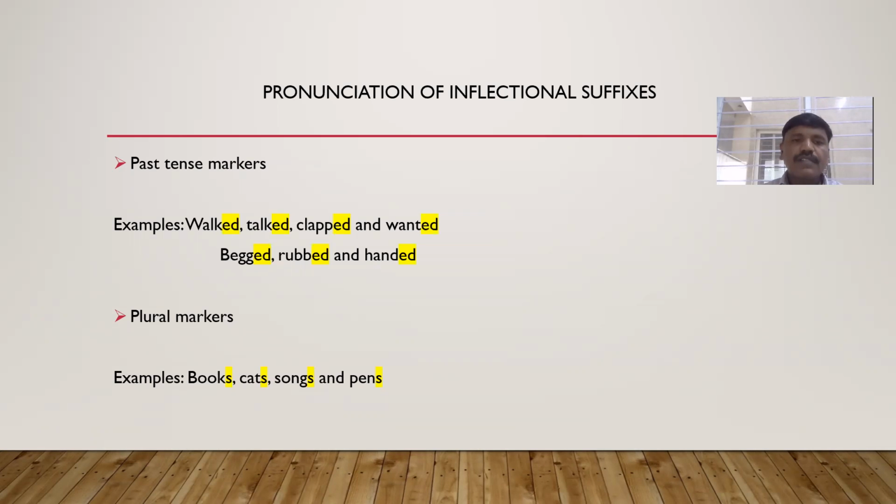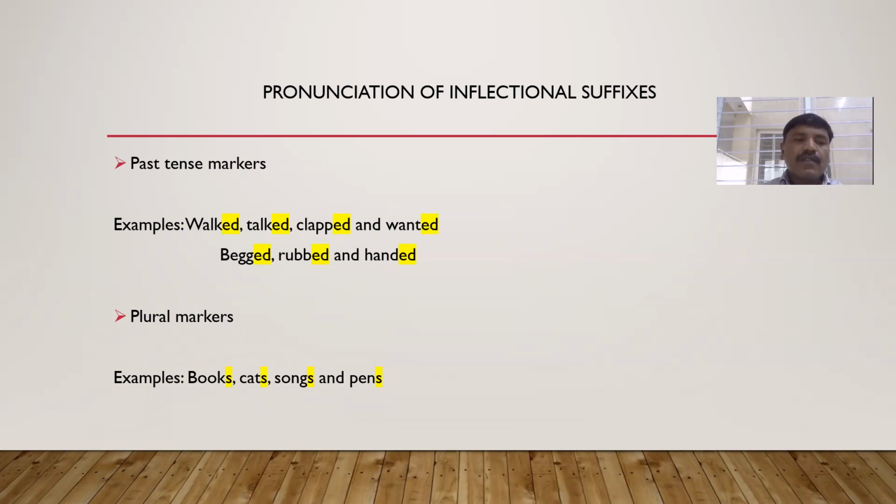Similarly, talked and clapped. These are called past tense markers. This ed is a past tense marker in English. And when we observe plural markers, the base word book is inflected for its plurality when we add s.